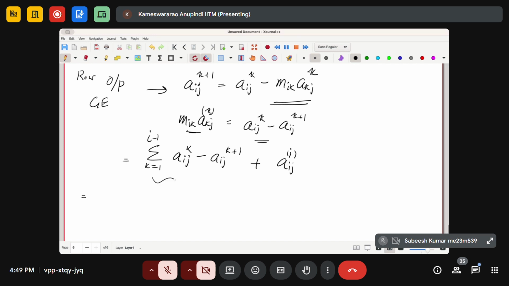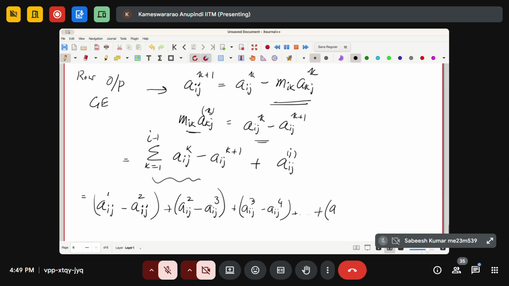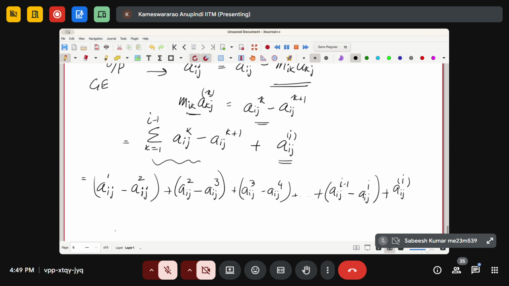That means this series, when expanded, is going to look like a_ij^(1) minus a_ij^(2) for the first term, k equals 1, plus a_ij^(2) minus a_ij^(3), plus a_ij^(3) minus a_ij^(4), and so on, plus the last element, a_ij^(i-1) minus a_ij^(i), plus we have this outside a_ij^(i). What is this value?